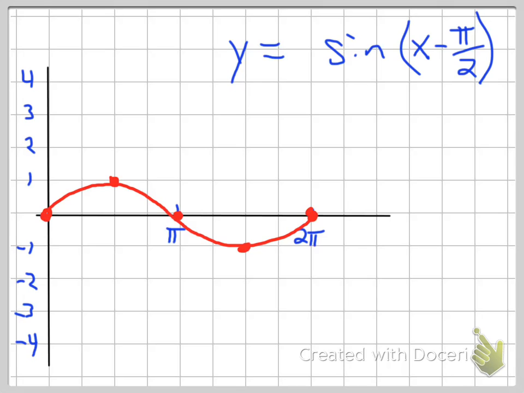What this does to my graph now is instead of it being right here, it actually now just gets shifted pi over 2 units to the right. That is now the graph. Everything else stays the exact same.